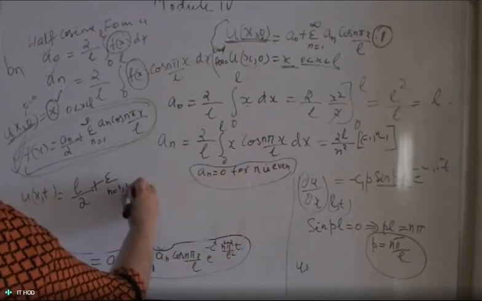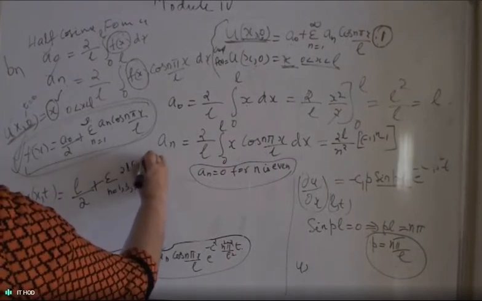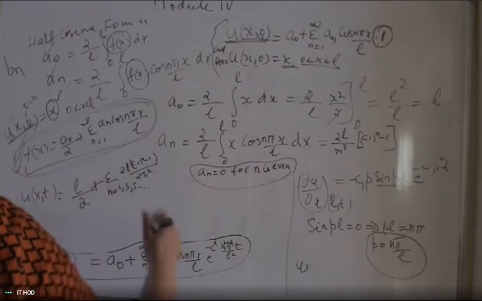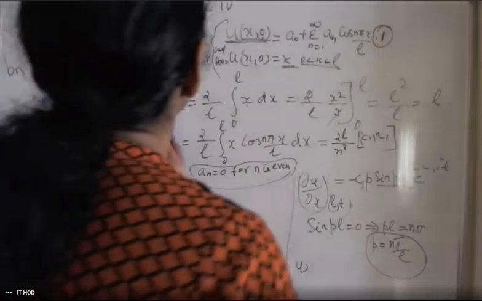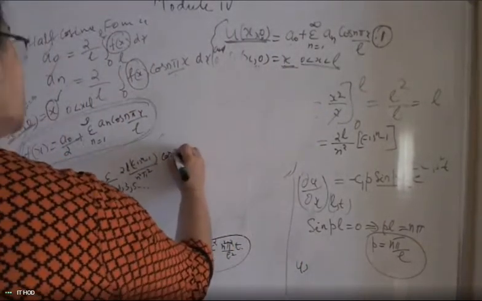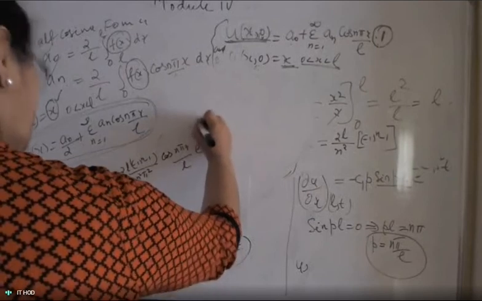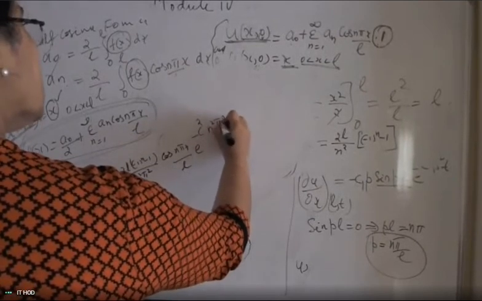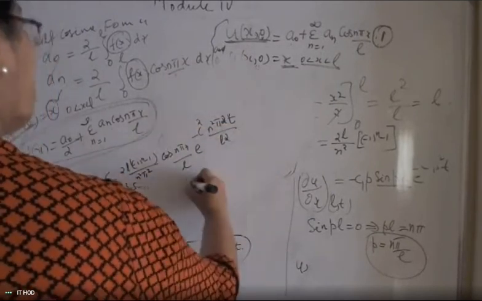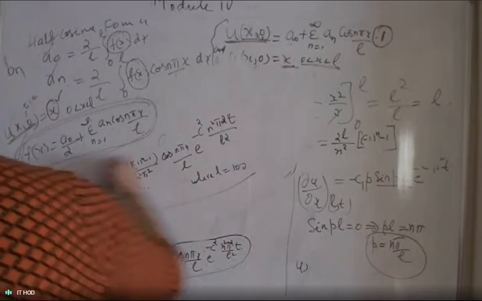So you can write 1, 3, 5, etc. This will be 2L times minus 1 to the power n minus 1 divided by n square pi square, cos n pi x by L, and we have this part also, e raised to minus c square n square pi square t by L square, where L is equal to 100. So this is the final answer we are getting.